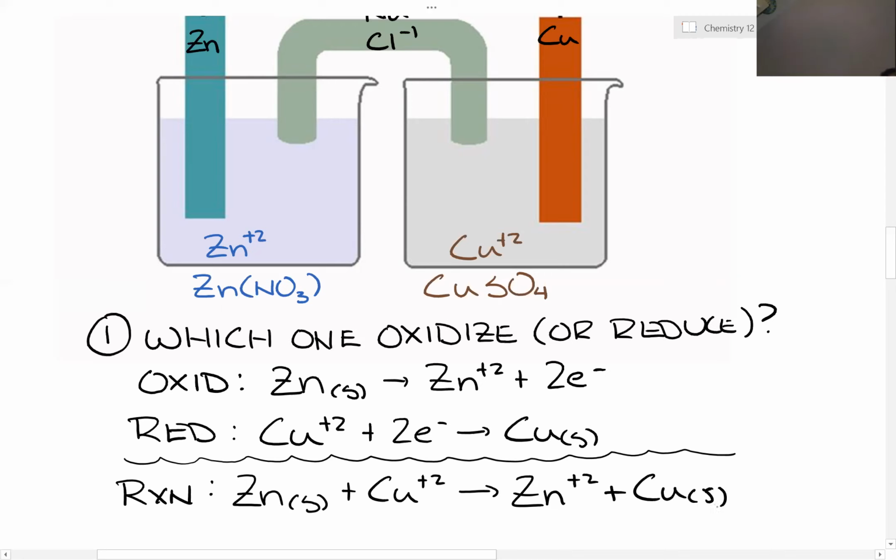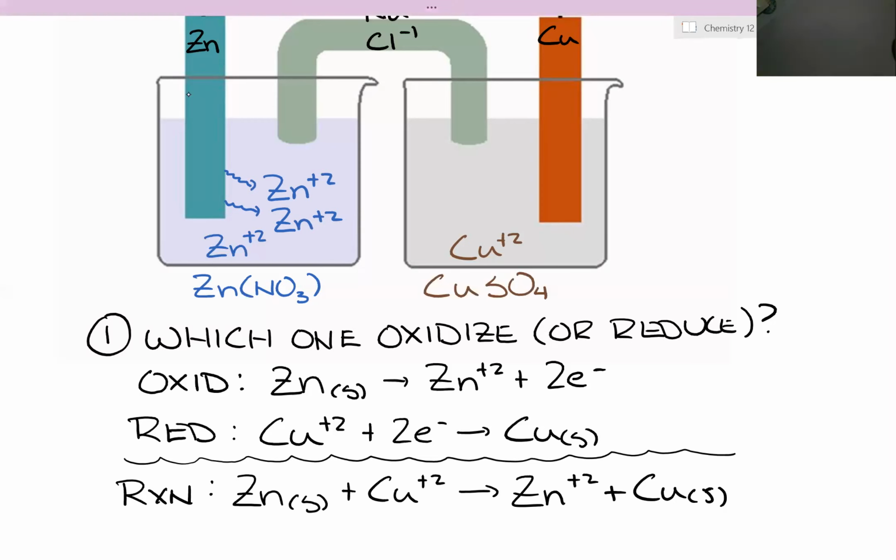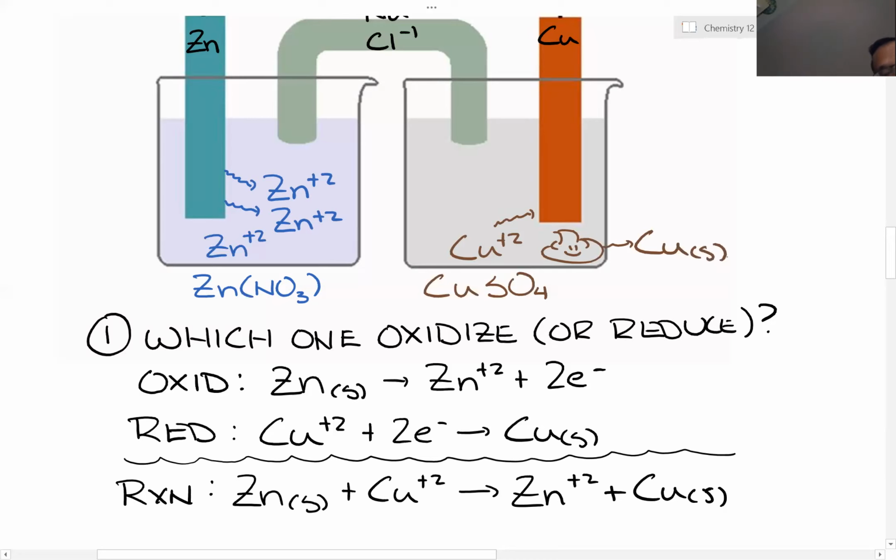Ooh. Okay. So how would that look on this diagram up here? What happens is the zinc solid would start forming more ions. Here, the copper 2 plus ions will start to form copper solid, because that's my product.